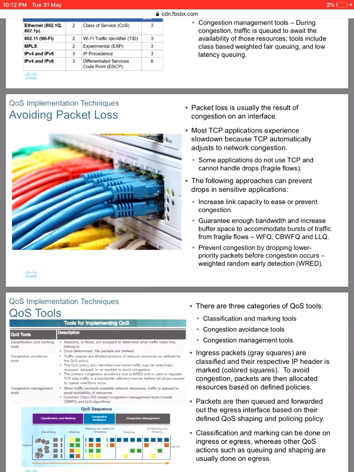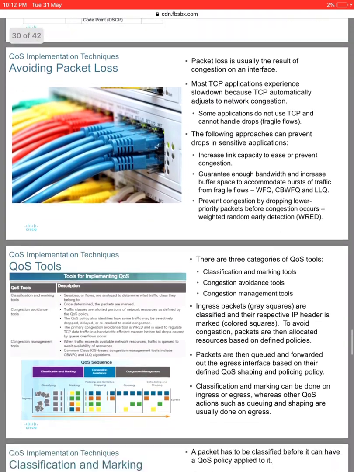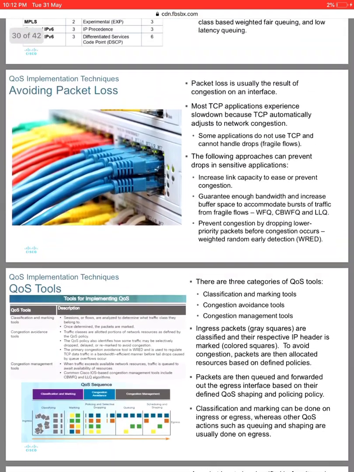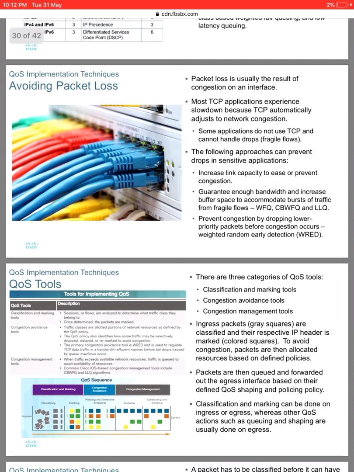So for avoiding packet loss, packet loss is usually the result of congestion on an interface. Most TCP applications experience slowdown because TCP automatically adjusts to network congestion. Some applications do not use TCP and cannot handle drops. So masyado jud ang guys na UDP kaysa TCP.